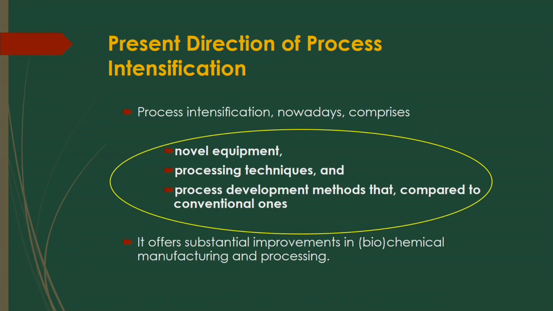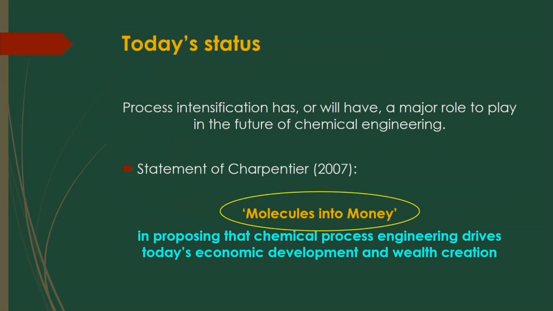So based on this, the intensification of the process will be in terms of equipment, space, techniques, methods, policy, and ideas. So in these several ways you can intensify the process. The definition will then come in that direction.